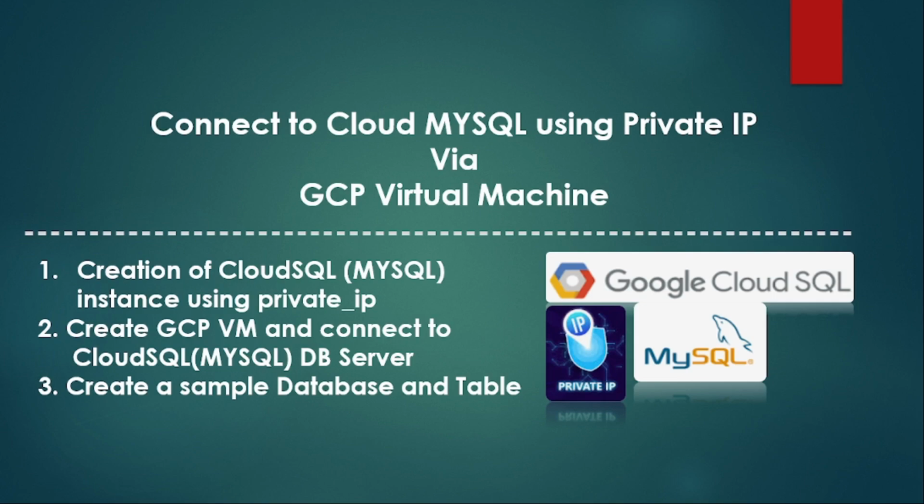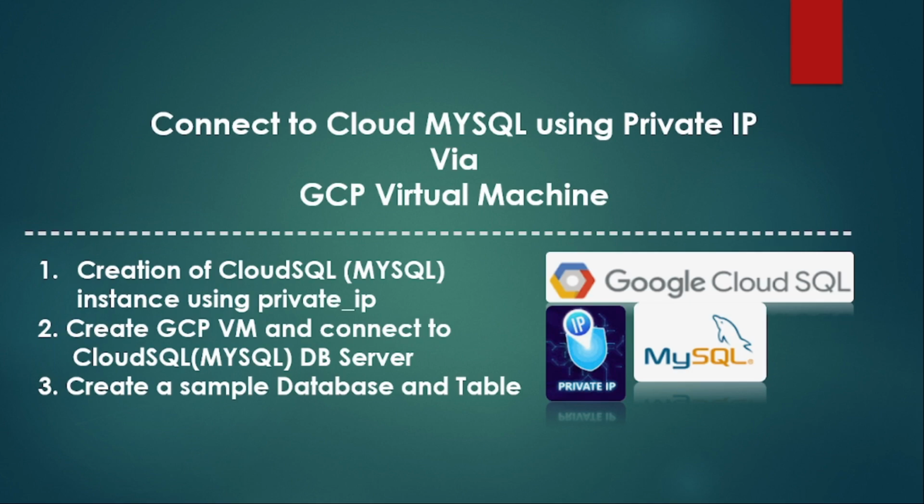To connect to this Cloud SQL private IP instance, we will create a GCP virtual machine and connect to that Cloud SQL instance. And we will create a sample database and table. So these are the three approaches we will see as part of this session.